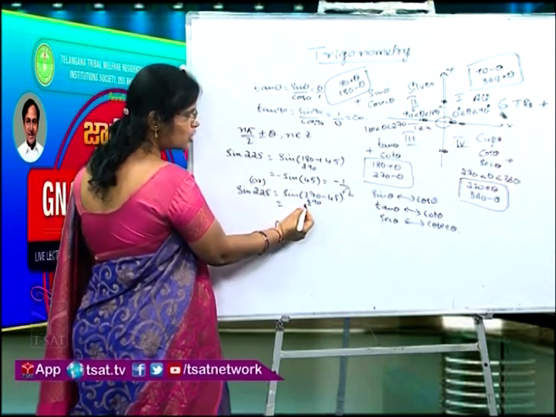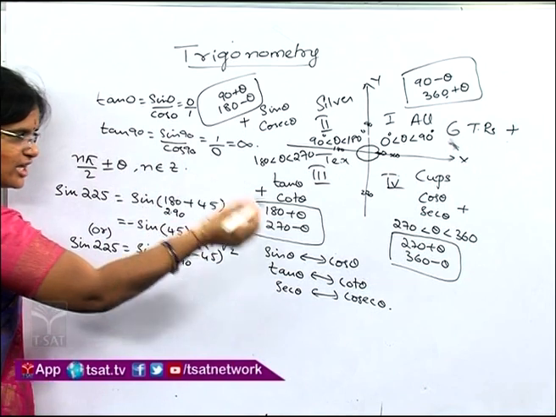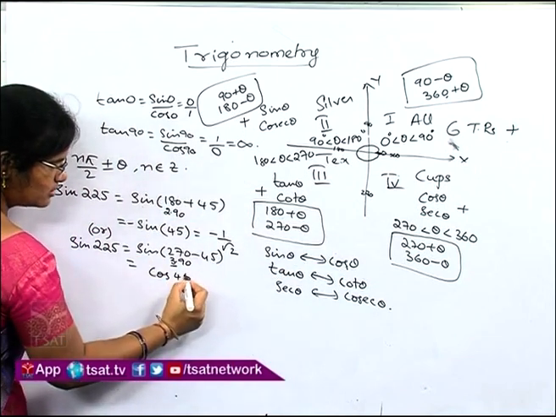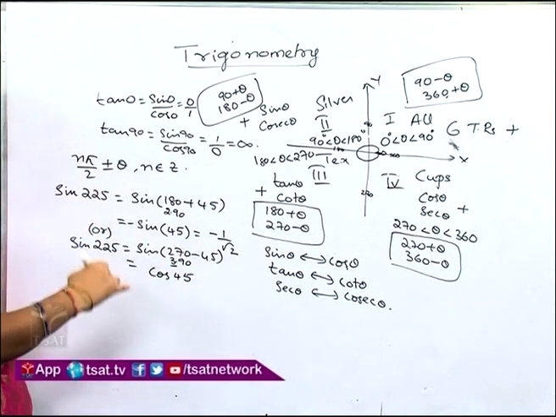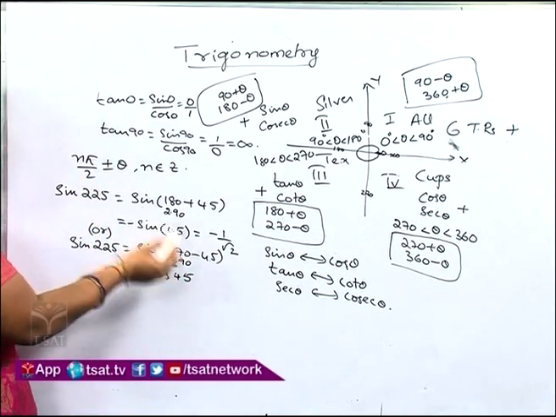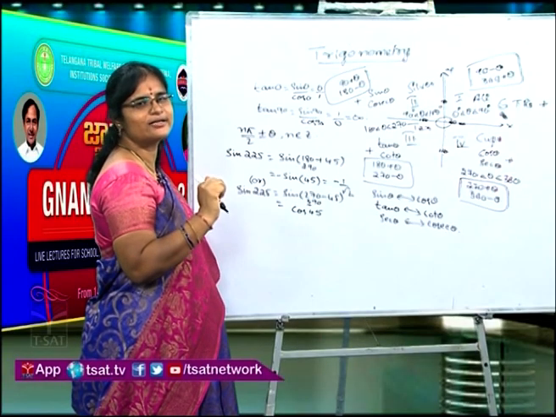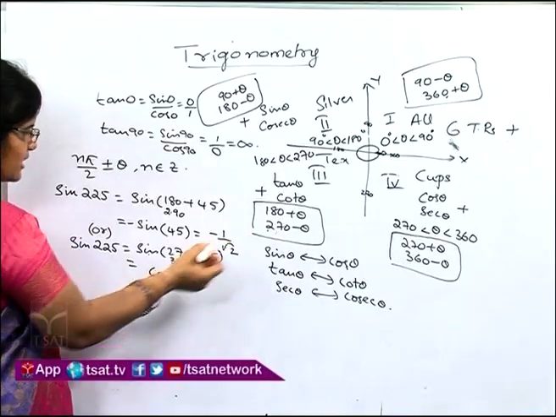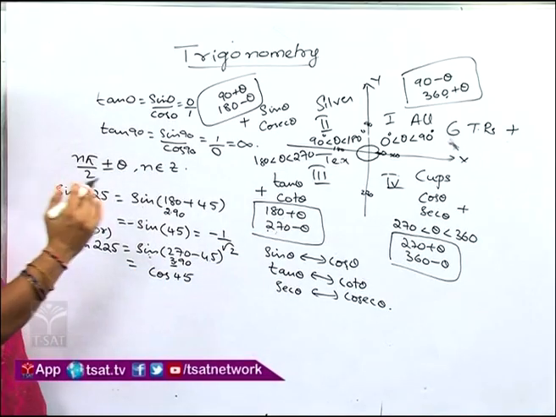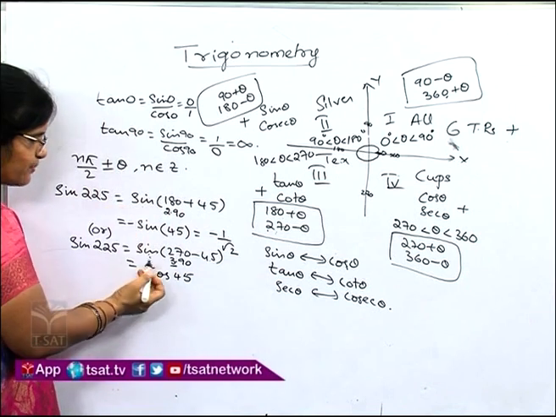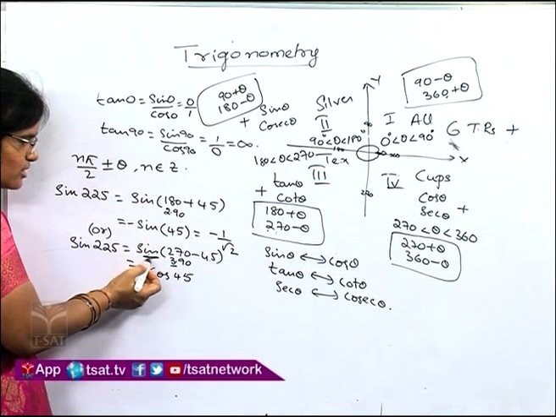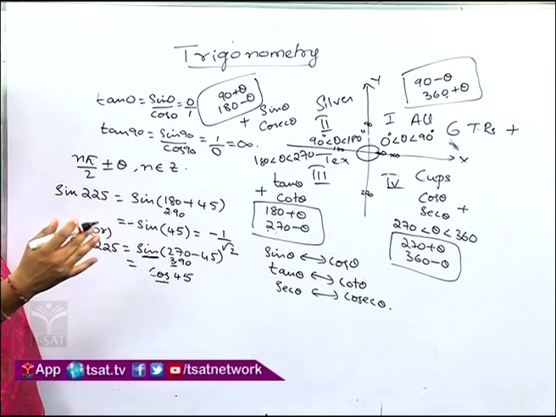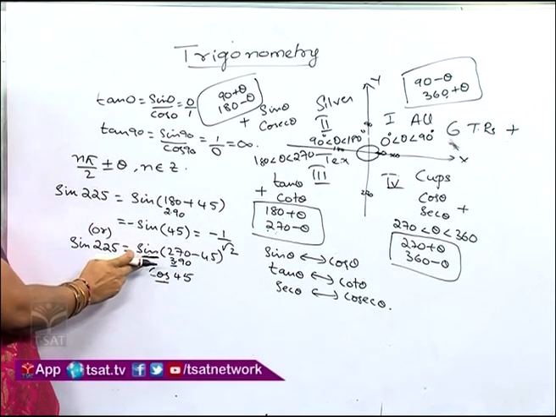Now since we got an odd multiple of 90, sine will change to cos. So cos, and the remaining angle, children, is 45. Now we have to check in which quadrant 270 minus theta falls. It falls in the third quadrant, we have just seen. In the third quadrant sine is negative, children, and one more important thing is you have to see the sign of the trigonometric ratio before the change, not after. After the change you should not check; you should check the original trigonometric ratio.